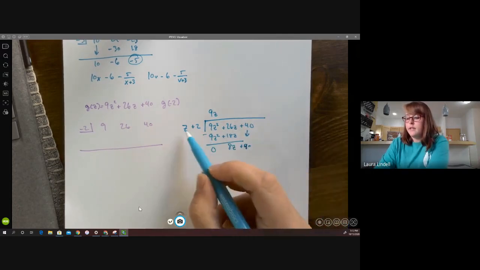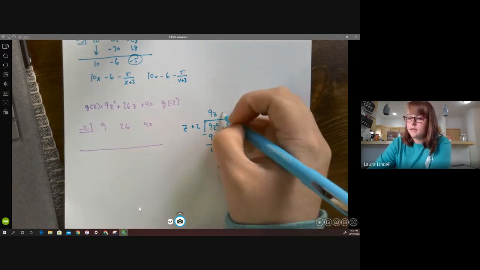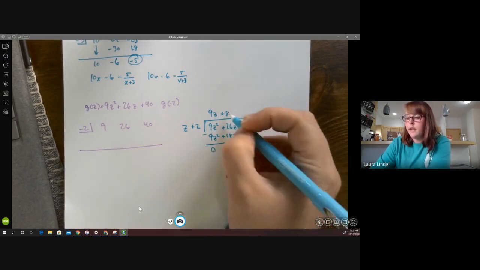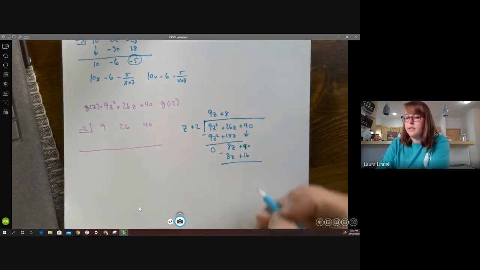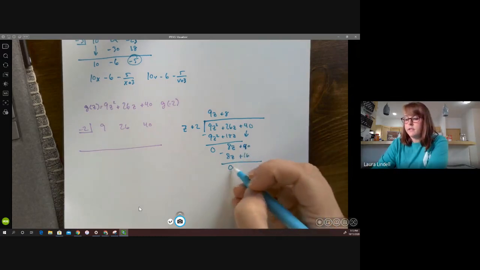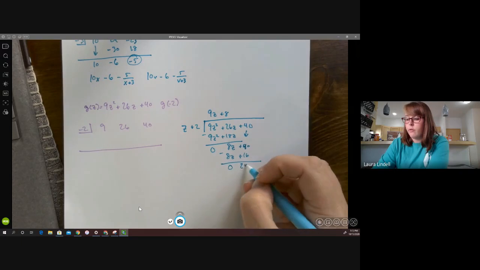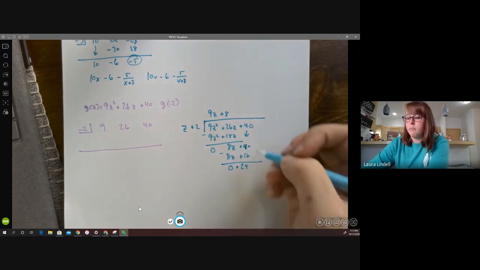And now we have to figure out what do we multiply z by to get 8z. And it's just 8. So 8 times z is 8z. 8 times 2 is 16. Then we subtract. 8z minus 8z is 0. 40 minus 16 is 24. 24 is my remainder.